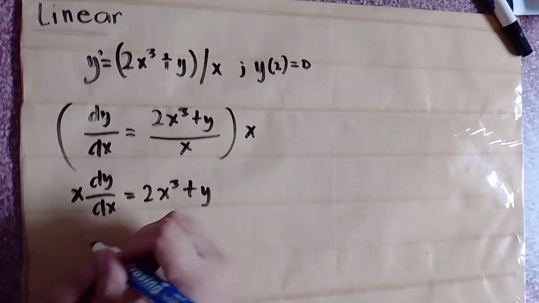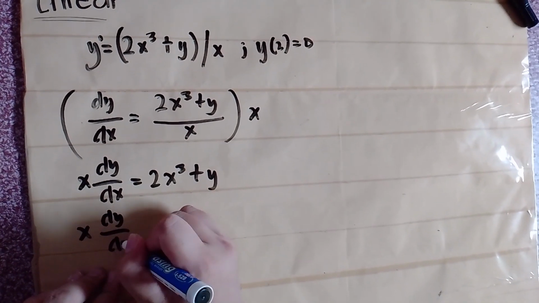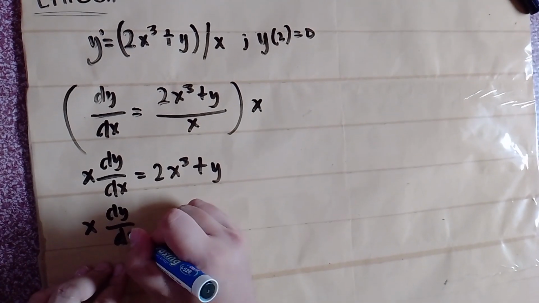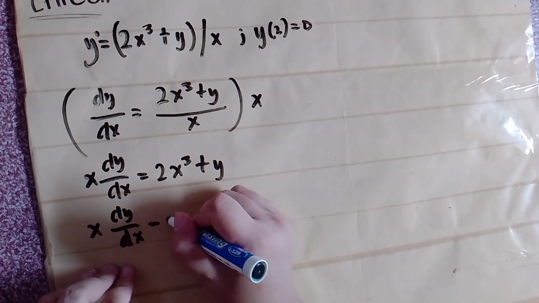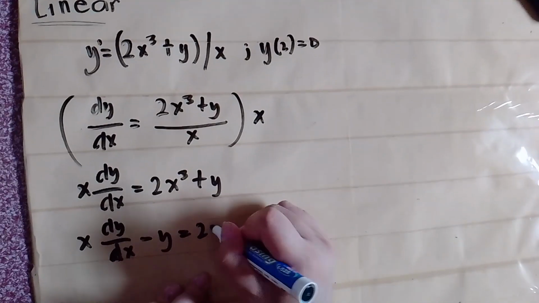So x dy over dx minus y equals 2x cubed.